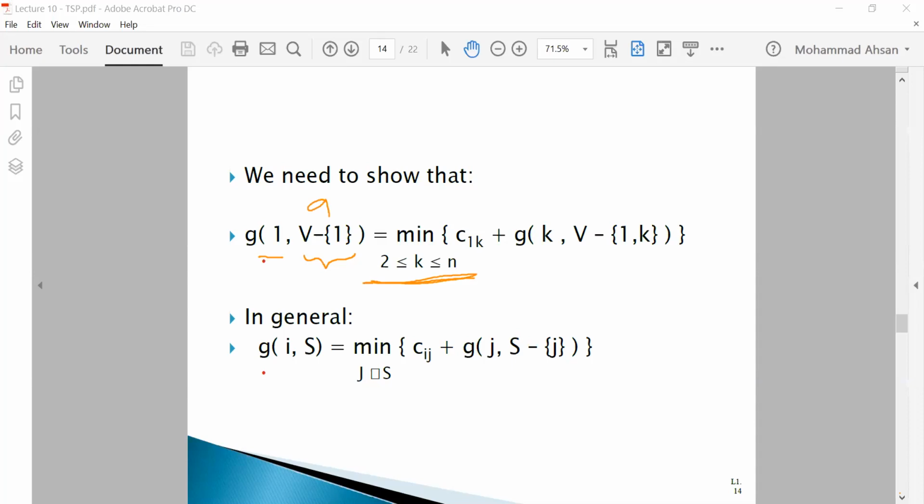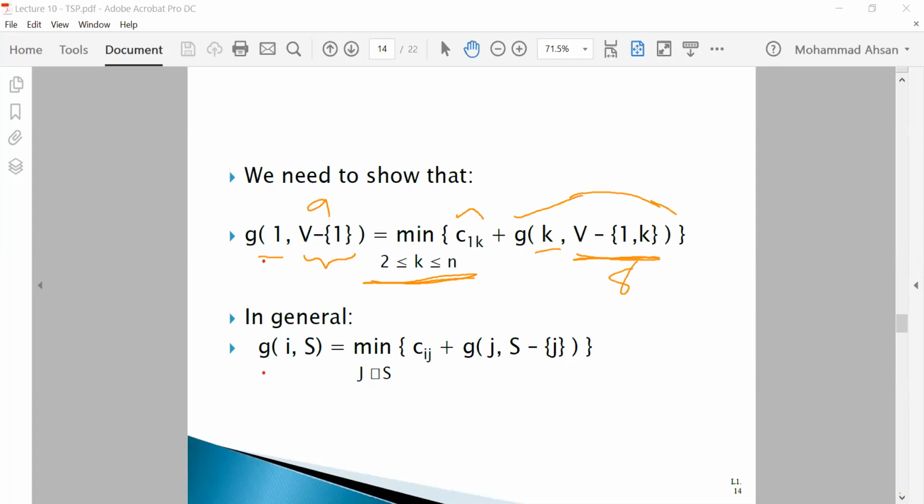Out of all the values, you have to calculate the cost of going from 1 to whichever vertex you selected, and the cost of going from that vertex k to all the leftover vertices. If this was 9, this will be 8 here, the size. So you need to have this right hand side calculated first before you can calculate this left hand side value here.